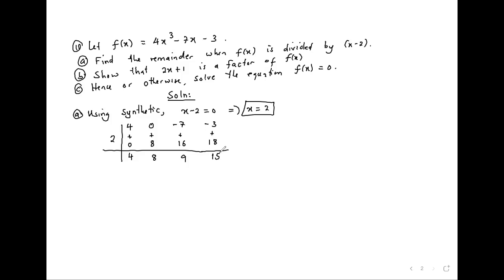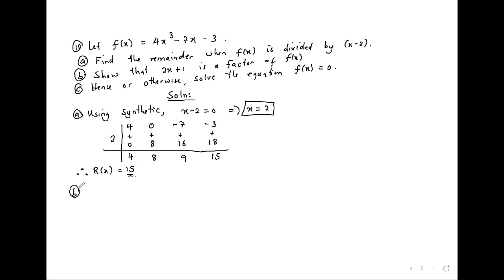So for part A, we have the answer. Therefore, the remainder is equal to 15, the last number. The question just said, find the remainder when f of x is divided by x minus 2. So we are done. You get your marks.